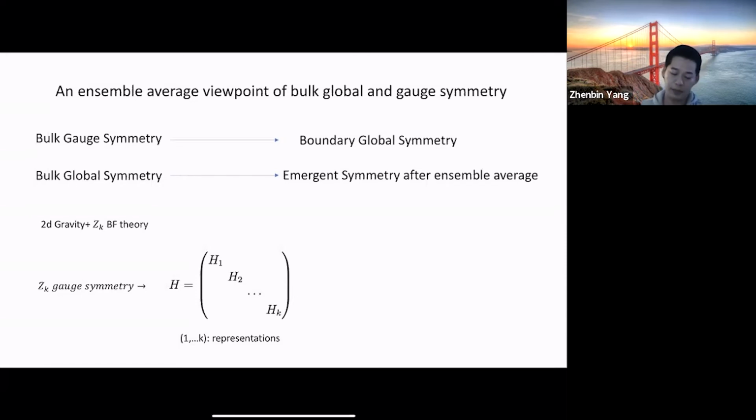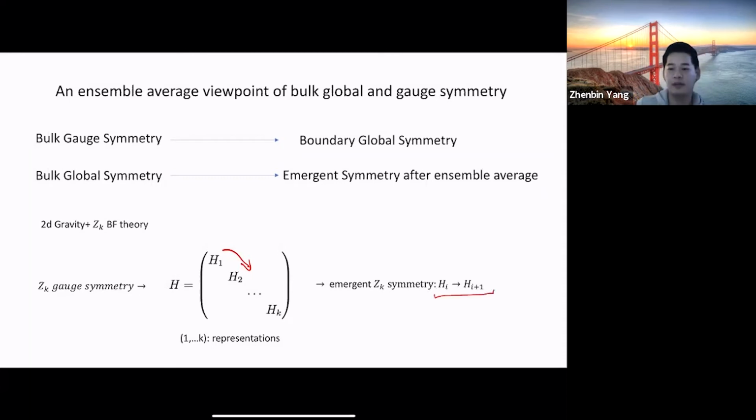But if you do an ensemble average, you need to choose a measure for H_1, H_2, ..., H_K, and in particular, if the measure is invariant under the permutations from 1 to K, then you induce an emergent Z_K symmetry. That is a shift symmetry from representation 1 to representation 2, and so on, I to I plus 1.